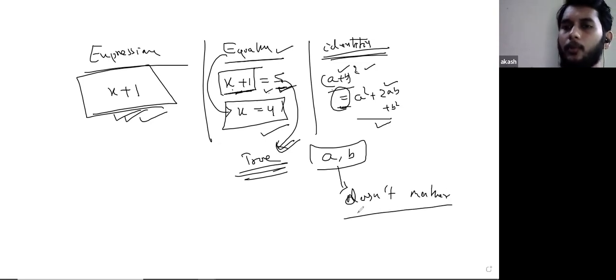You can put whatever value you want. A is a pizza, B is a burger. So pizza plus burger whole square will always be equal to pizza square plus 2 into pizza into burger plus burger square. Whatever value you put, this expression will always be equal to this expression. This thing is clear?